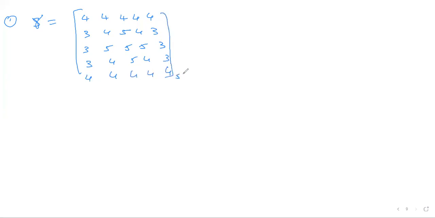So it is a 5 by 5 image. So total number of pixels mn is equal to 5 into 5, that is 25, right?